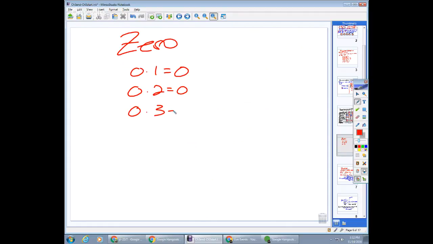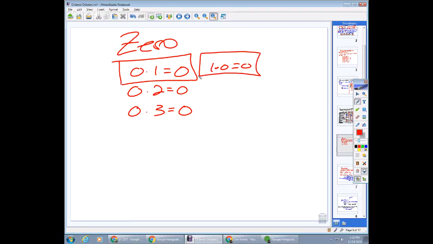Okay, this is getting kind of boring, right? But these are part of fact families, right? So what are some other members of the family for a fact like this one right here? What would it be? How about 1 times 0 is 0? What else? Division facts related to that?